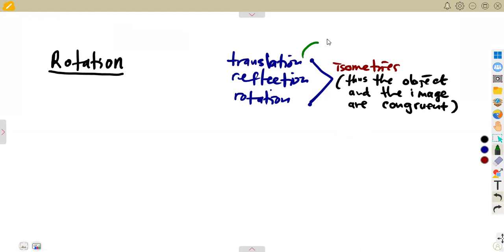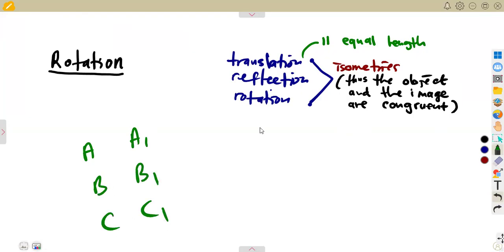For a translation, we are going to produce parallel lines of equal length when the corresponding points are joined. When you join A to A1, B to B1, C to C1, you are going to have parallel lines of equal length. That's the first thing.